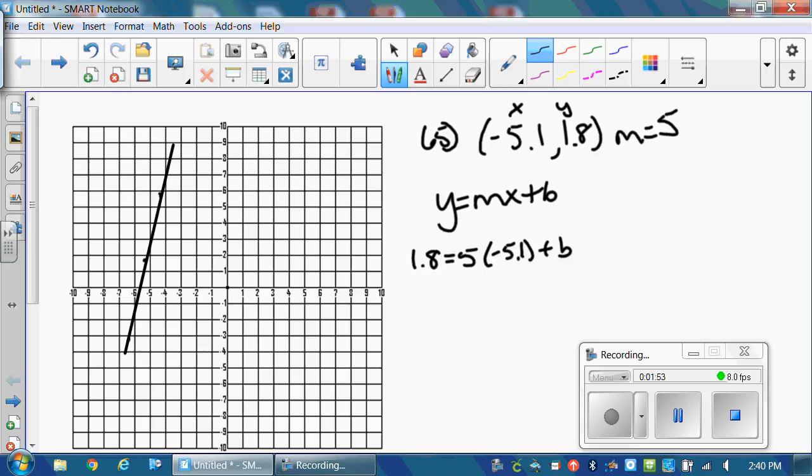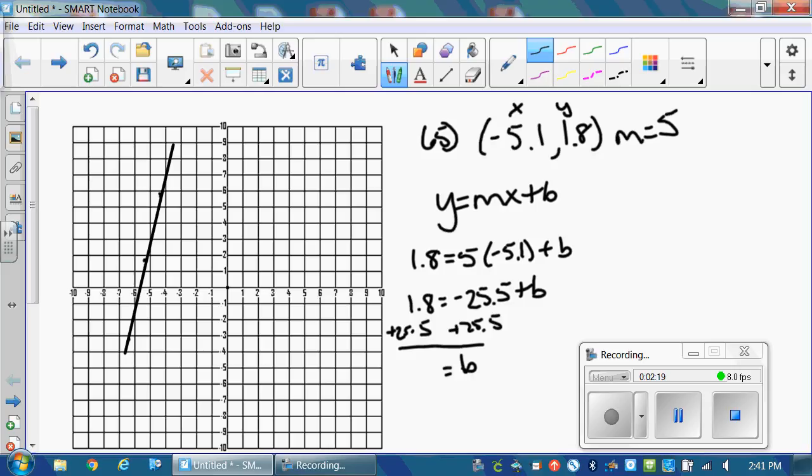5 times -5.1, I'm just going to do this on the calculator sitting next to me instead of pulling up the calculator on the screen. I get 1.8 equals -25.5 plus b. Add 25.5 to both sides, and I get that b equals 1.8 plus 25.5.